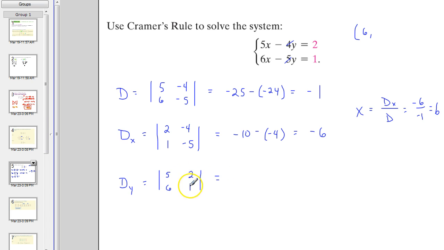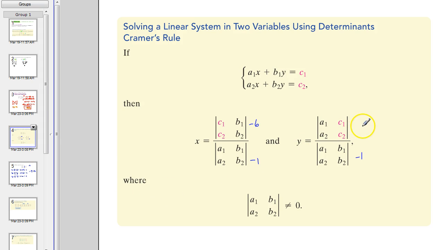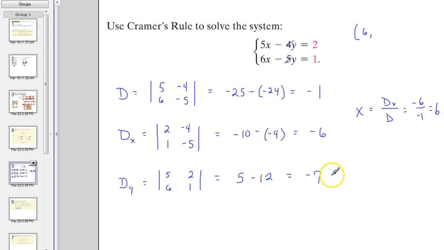5 times 1 is 5, minus 6 times 2 is 12. 5 minus 12 is -7. So that's the dy determinant. Y is equal to that dy determinant, -7, divided by the negative 1, which is positive 7.